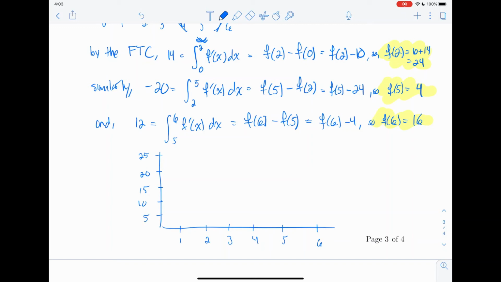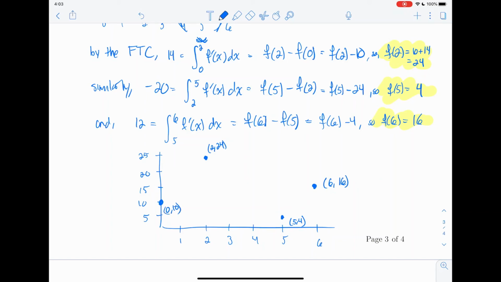And so f of 0 is a 10, f of 2 is a 24, f of 5 is a 4, and f of 6 is a 16. And you could even write these in. This is 6, 16, this is 5, 4, this is 2, 24, this is 0, 10.